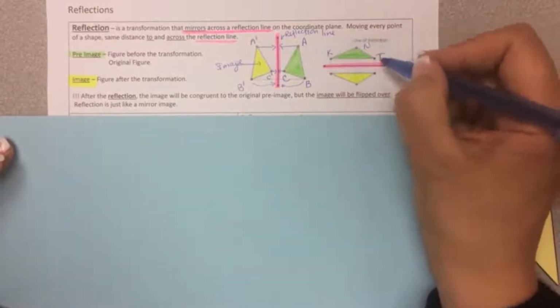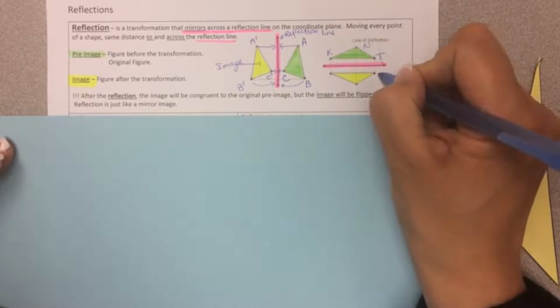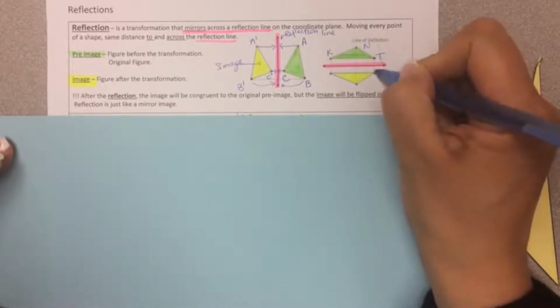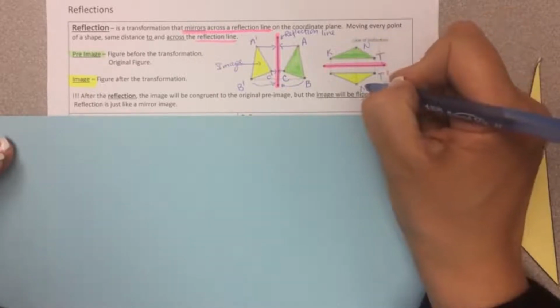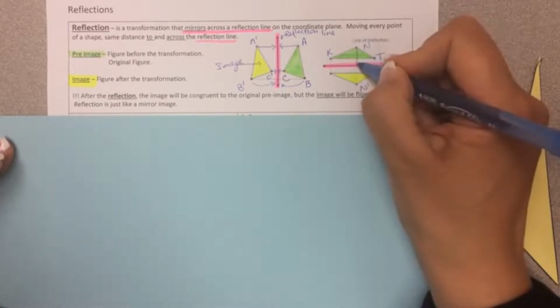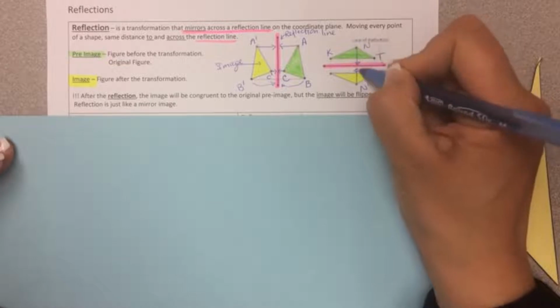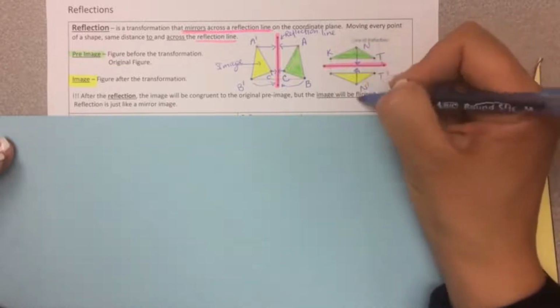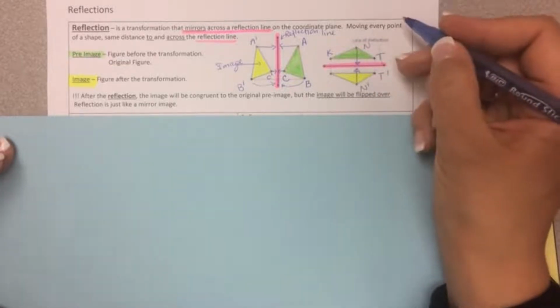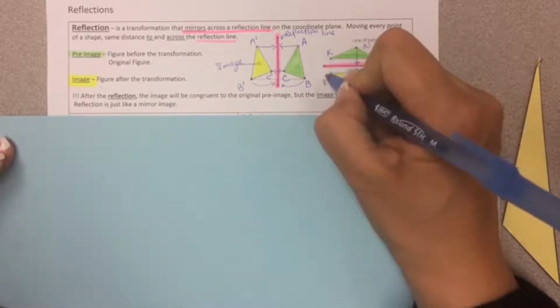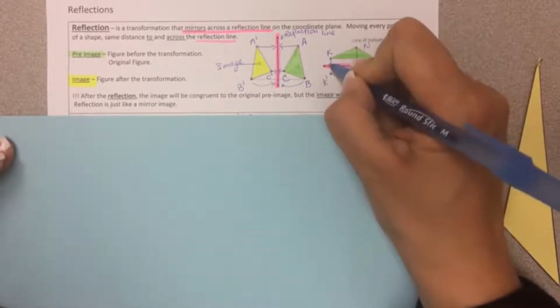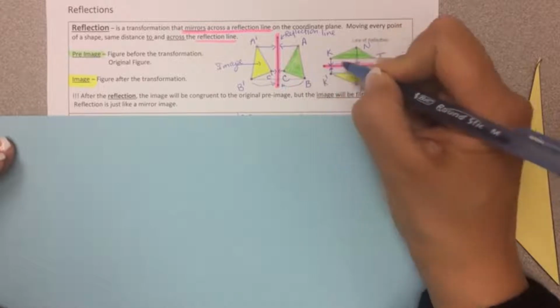So I have the T on the opposite side, T prime, same distance away. N will be N prime, same distance away, to the reflection line and from the reflection line. And K prime will be across from the reflection line, same distance away.